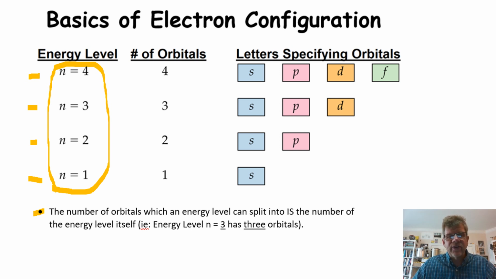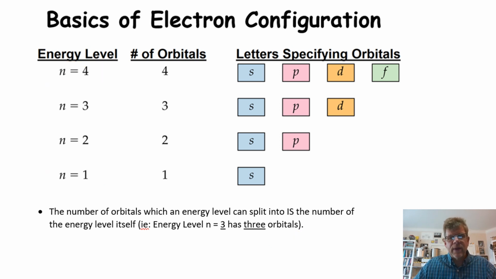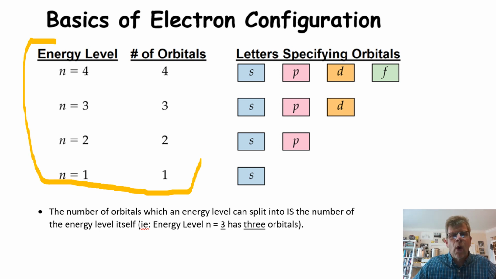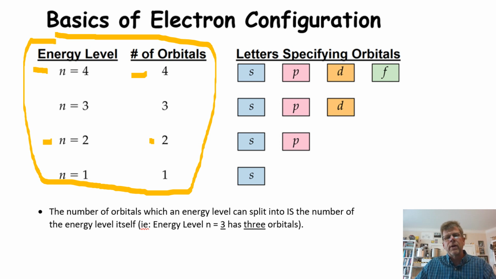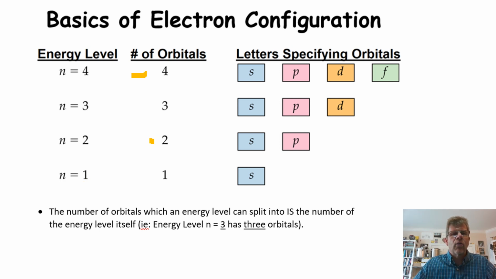For instance, energy level n equals 3 has 3 orbitals. So immediately, if we know what energy level we are in, we know how many orbitals we have. Energy level 2, n equals 2, that's 2 orbitals. Energy level 4, n equals 4, that's 4 orbitals. We know it because it's hiding in plain sight. It is standing right in front of us.